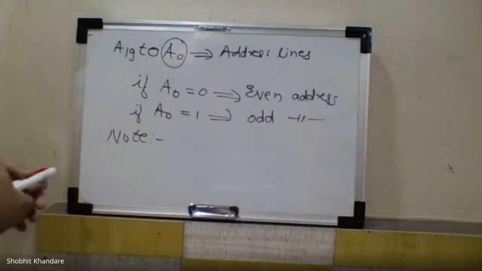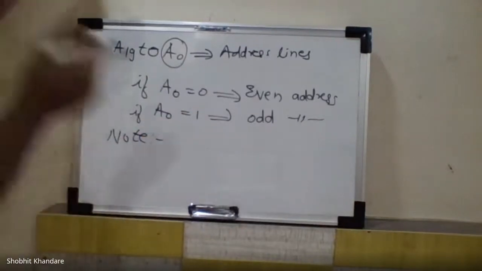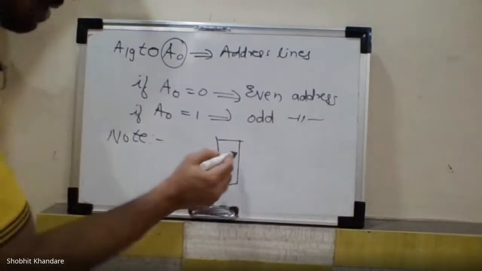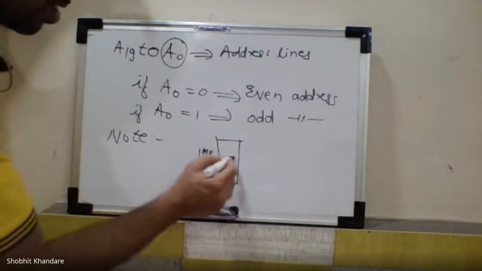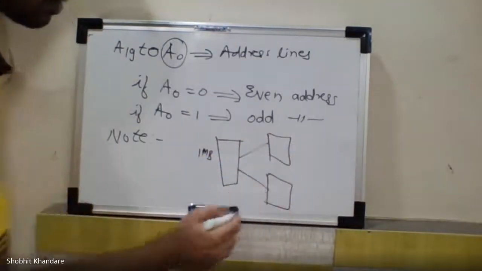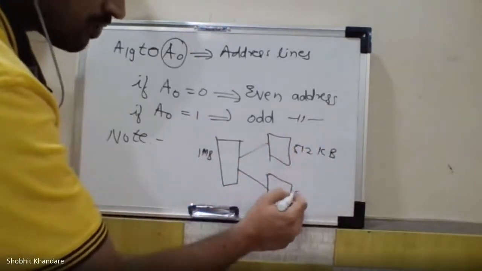Now let me explain point number 1, that is note number 1. Now this is your 1 MB. This 1 MB is divided into even and odd banks. This is 512 KB and this is 512 KB.